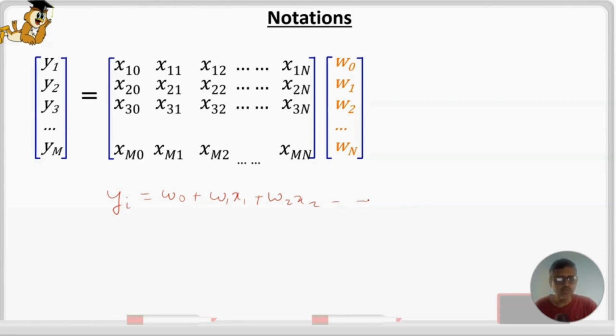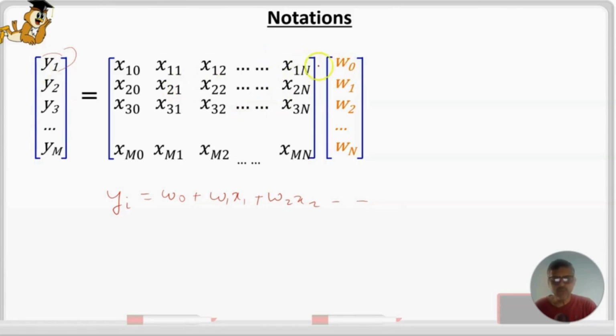This is what your y computed from your model is. For each of the points in the training data, we would have the values of the independent variables, and when these are multiplied by the weights, you get the output returned by the model.